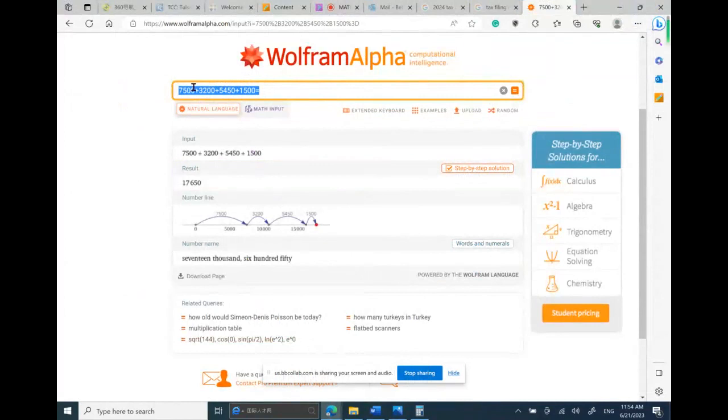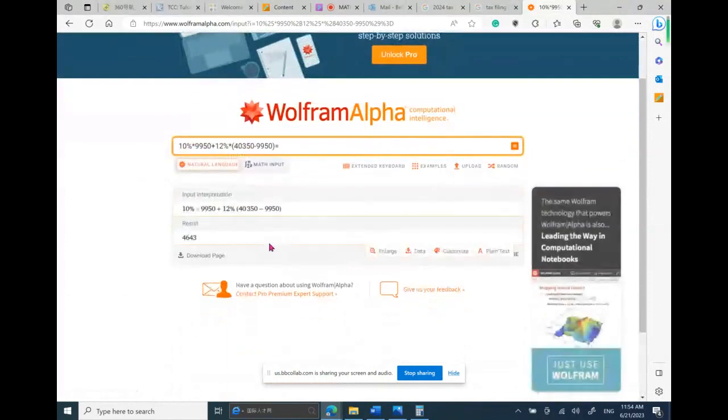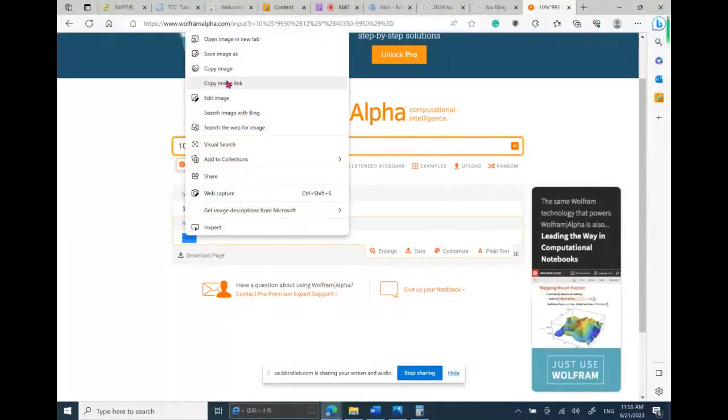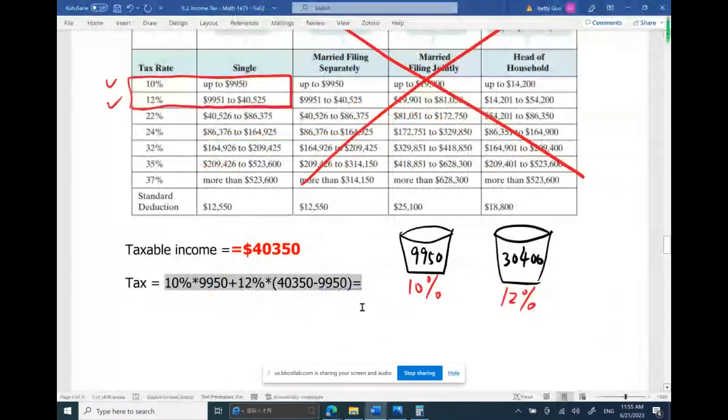Yeah, you can do the calculation on your calculator. I'm just using this app website. It is $4,643. Okay, 4,643.